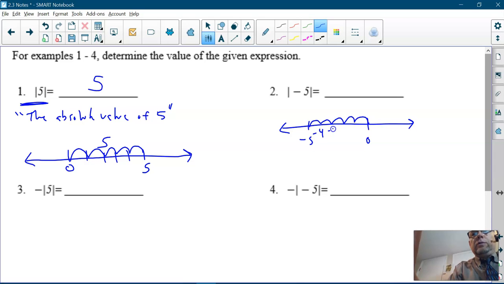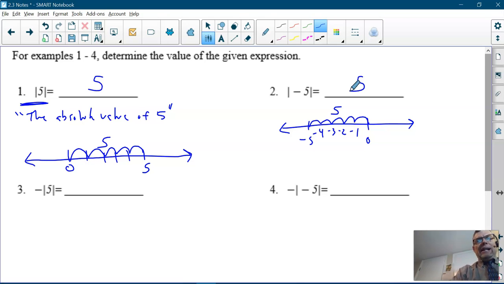All right, -4, -3, -2, -1, and 0. So here we have moved 5 units to get from -5 to 0. We're not really concerned about the direction of movement. We're just counting how much space there is. It's the absolute value, regardless of sign. So here the absolute value of -5 is 5.